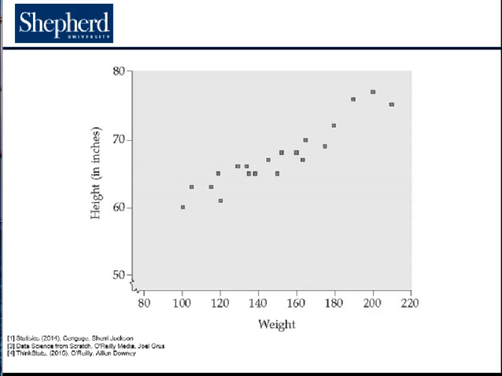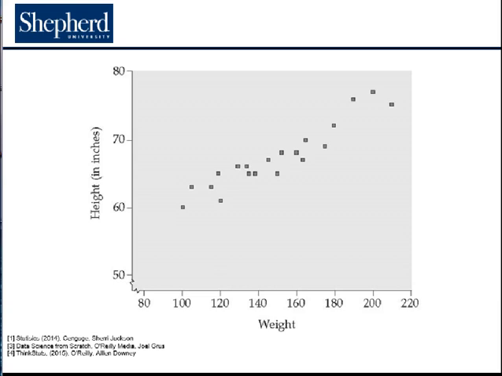The Pearson coefficient is the sum of the cross products of the z-scores, and we can use that in determining the slope of the line. If you remember from high school algebra, the formula for a line is y equals mx plus b. And so we can use the correlation coefficients to help us determine the m, or the slope of the line.